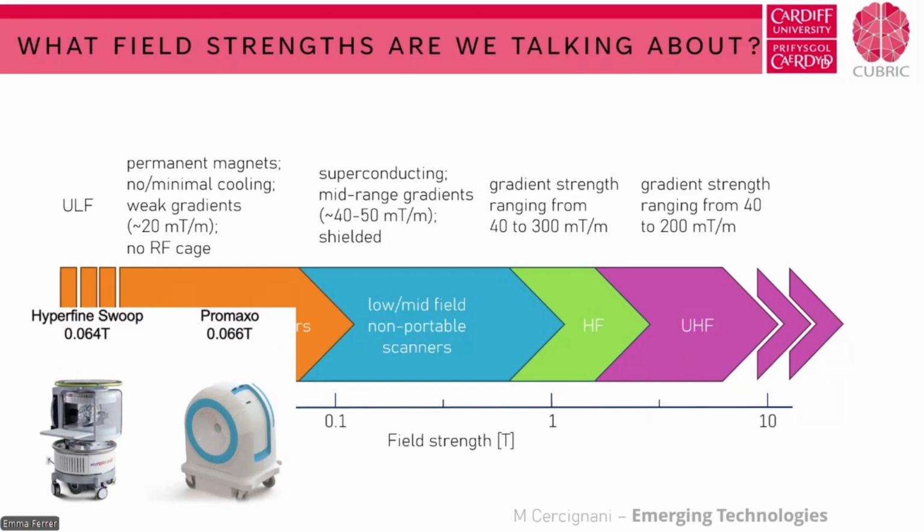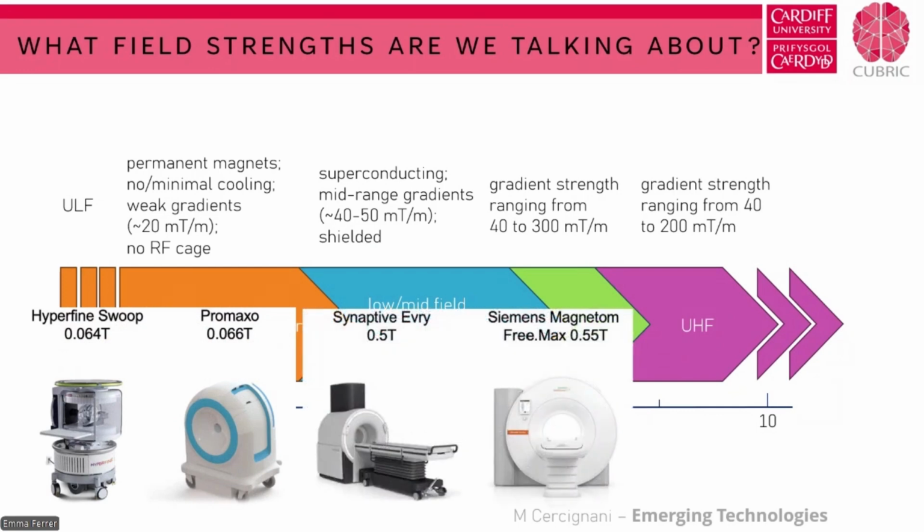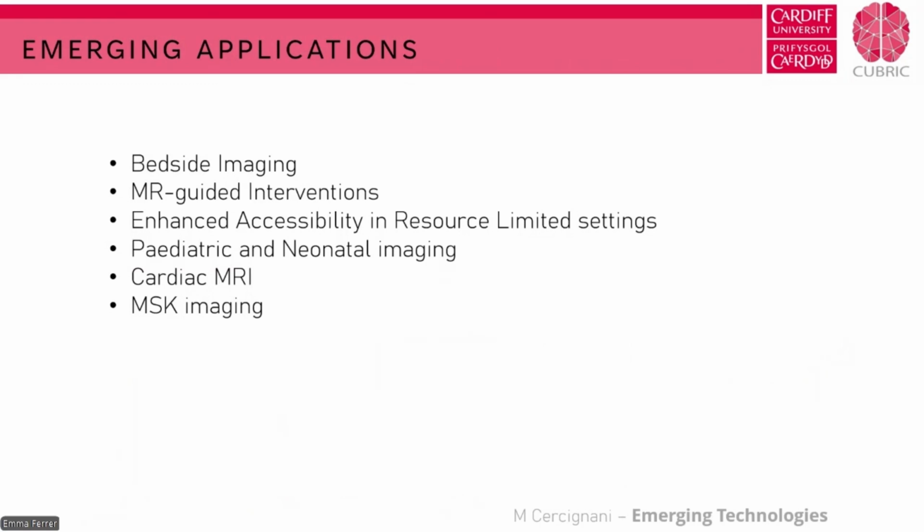I've just put these two here, the Hyperfine Swoop, which is a head-only scanner, and the Promaxo, which is primarily for prostate imaging, while in the range of the superconducting low field, we also have some commercial systems, and the Siemens Magneton Free.Max is the same that Mike has already shown to you earlier. So the companies are getting really interested in this space, and that's also what helped to prompt this field.